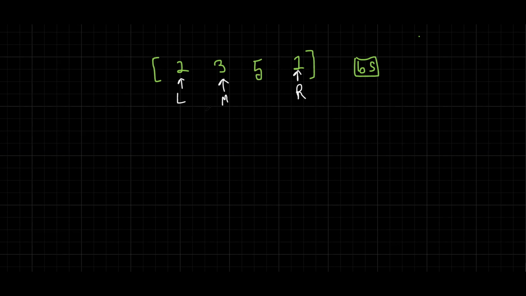But in this problem, it is quite tough to discard either the left subpart or the right subpart. Why is it? Because suppose this is our array and left is pointing to the first element, right is pointing to the last element, and suppose this is mid.